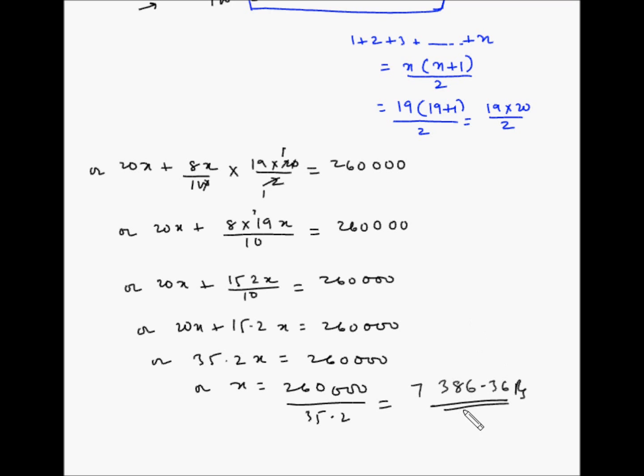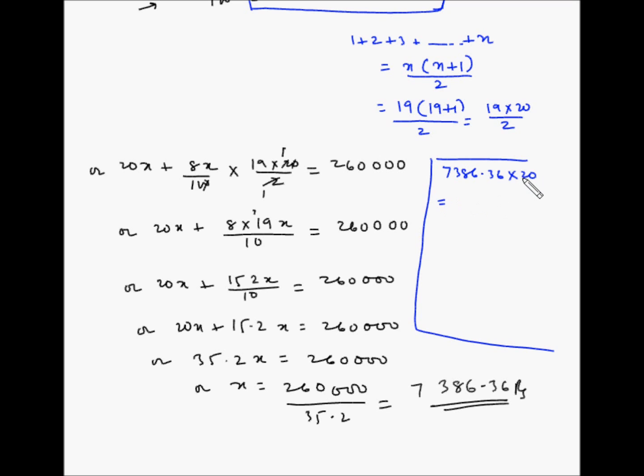Now let's do a quick analysis on this amount. So we are going to pay 7386.36 for 20 years. So this multiplied by 20.